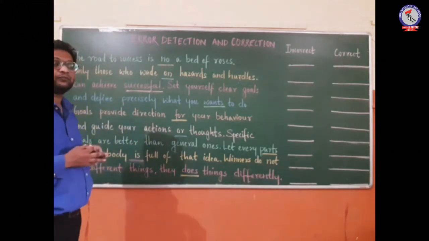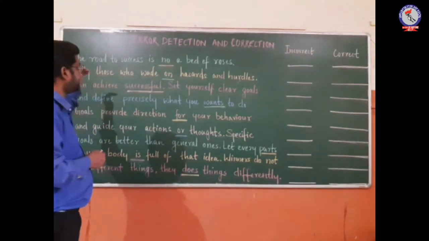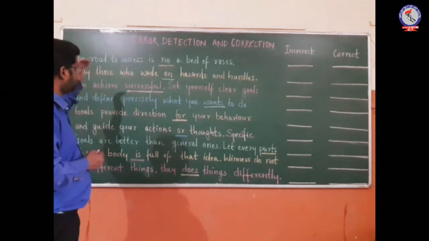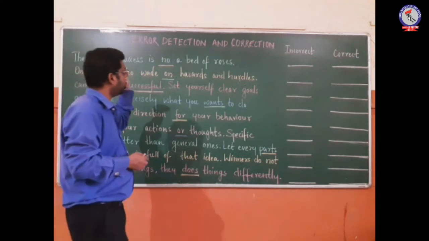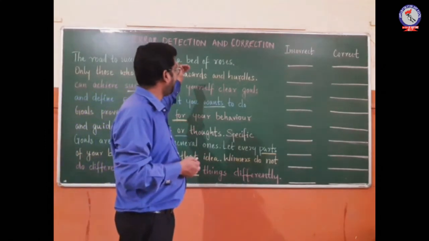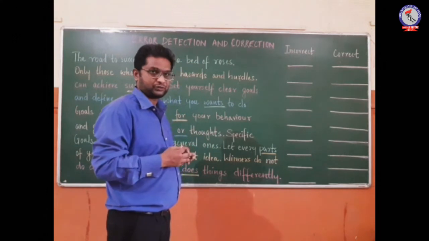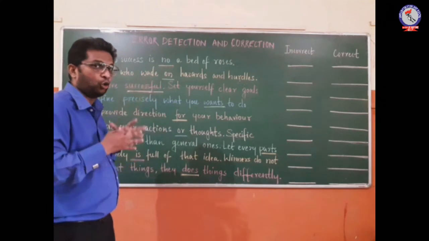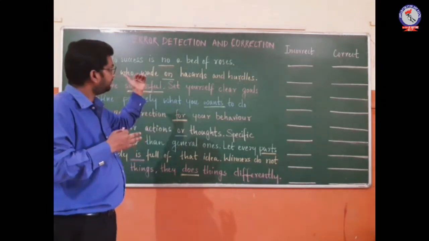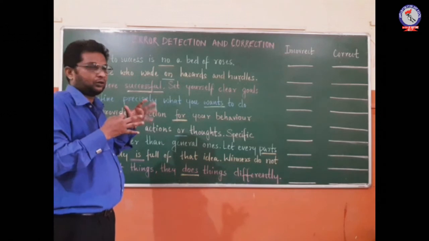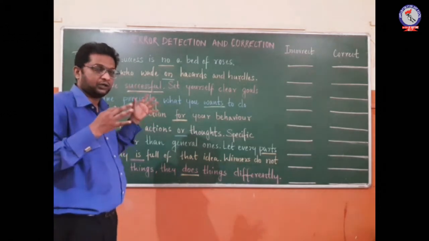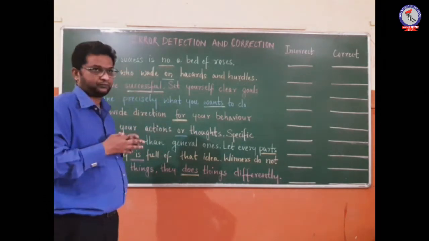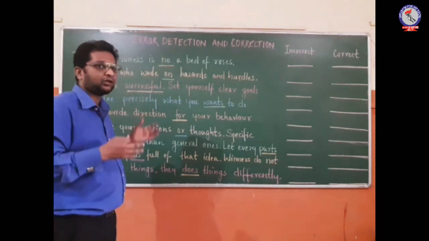Let's read the first sentence of the paragraph. The road to success is not a bed of roses. You see here, the road to success is no. So this "no" seems to be different, it is incorrect.